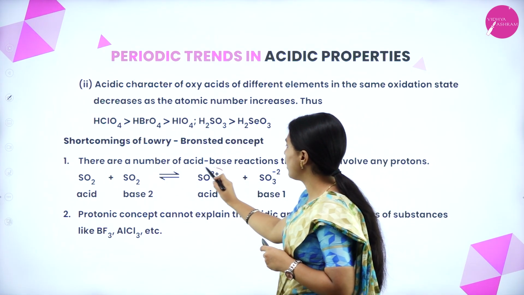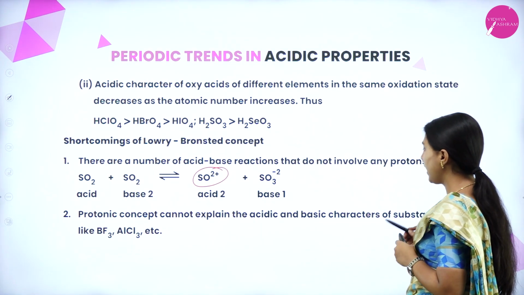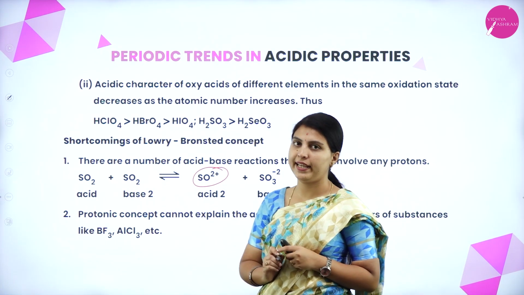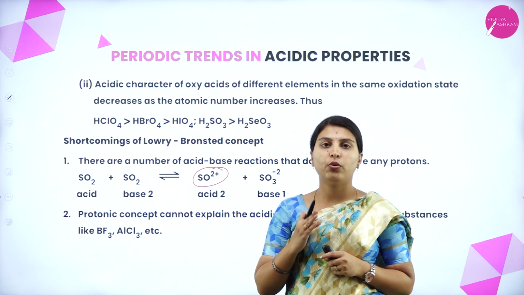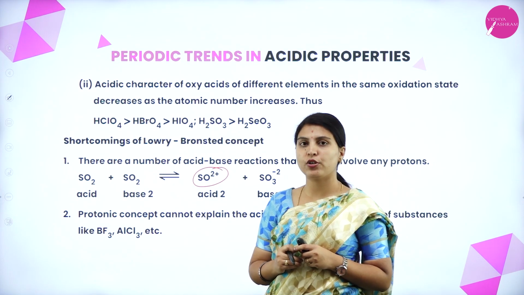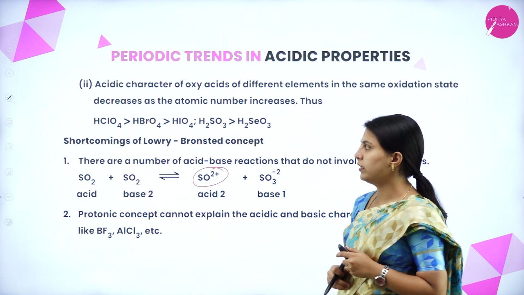Because of oxidation number we can judge. The protonic concept cannot explain the acidic and basic characters of substances like BF3 or AlCl3. Here we have to understand that the protonic character alone does not explain acidic character.